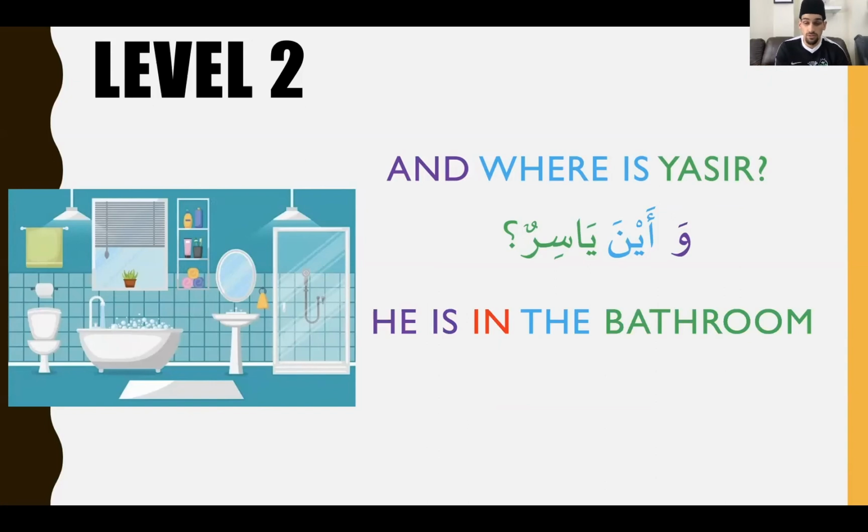So now we'll use the word هو في الحمام. He is in the bathroom. The new word here is al-hamam. Al-hamam is bathroom.